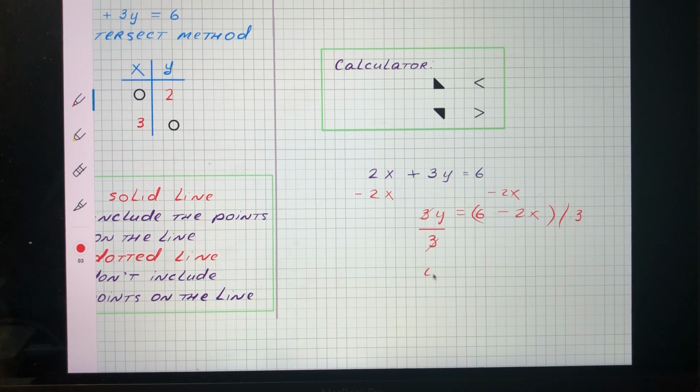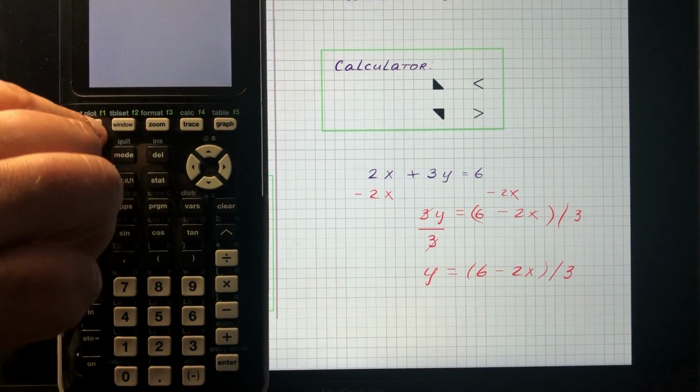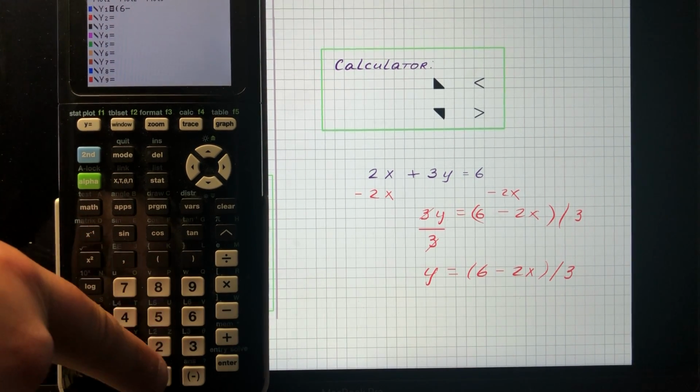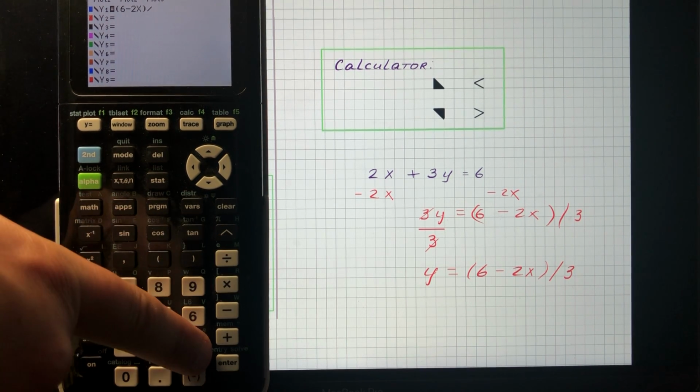So what we have now is y equals 6 minus 2x divided by 3. Let's plug it into the calculator and have a look. Y equals, open parenthesis, 6 minus 2x, close parenthesis, divided by 3.